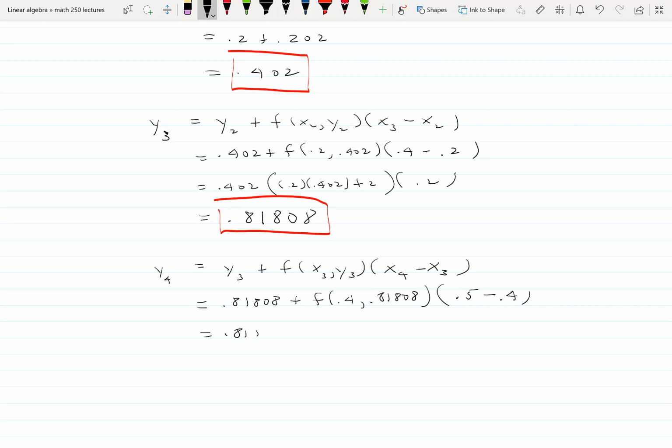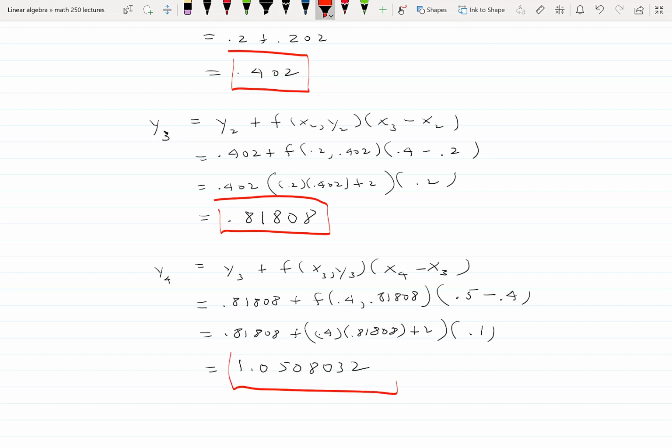Or 0.81808 plus f of xy, which is xy plus 2, times 0.1. Calculator gives us 1.0508032. So that's how the method works.